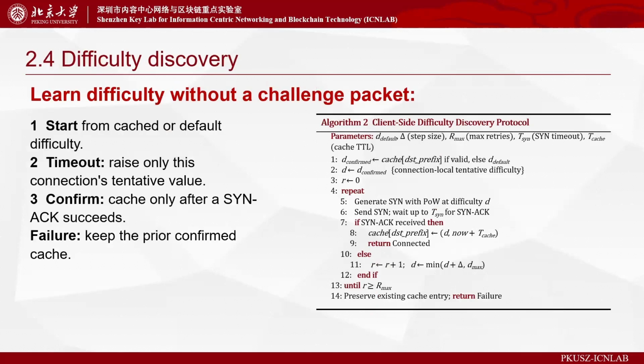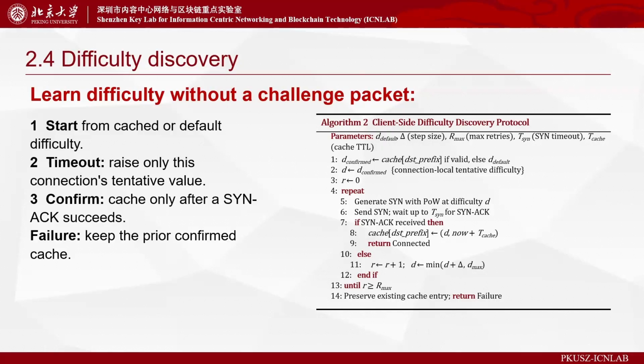A variable difficulty creates a discovery problem. How does the client learn the current value without asking the server for a challenge? DDP reuses normal TCP retransmission behavior. The client begins from its last confirmed cached value or the default.